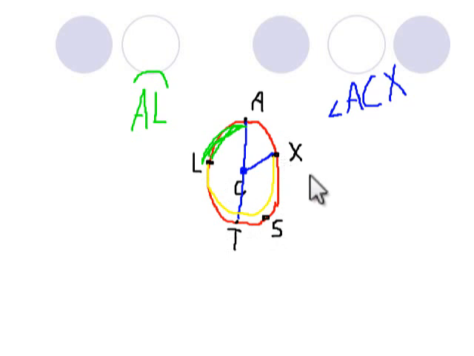It's bigger than half of the circle. So you need the L, you need the X, and you need any point in between. So I could either choose the T or I could choose the S. It doesn't matter. And all 3 get an arc over the top. That is how you name a major arc.